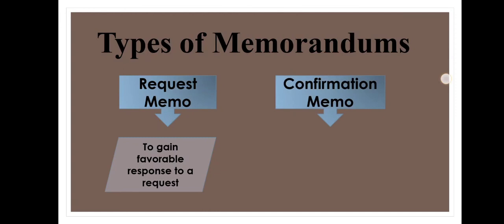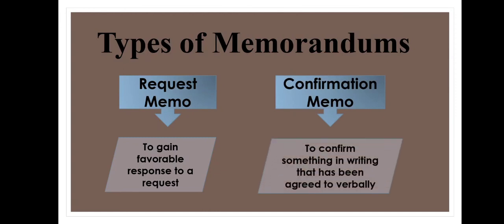The second is confirmation memo. A confirmation memo is to confirm something in writing that has been agreed to verbally. If in your business communication you are addressing things verbally, it would not create a good impact on your employers and on your business partners.